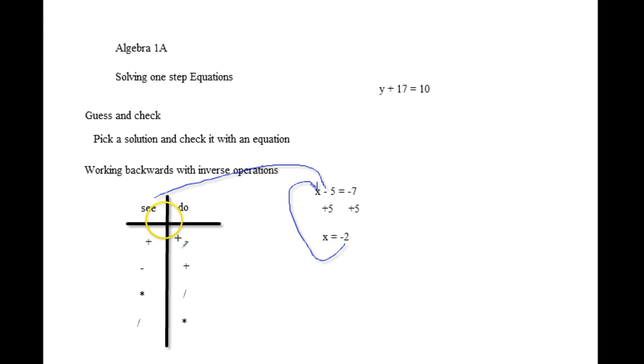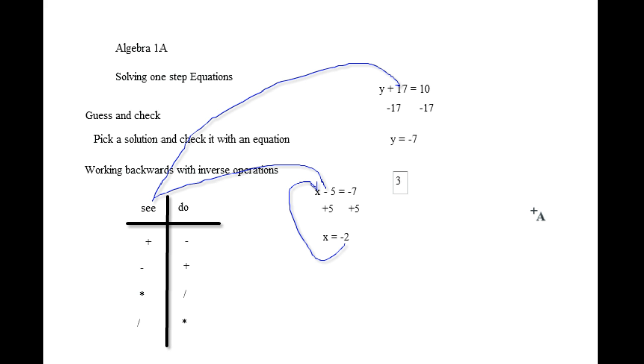But basically, what do I see? I see addition, adding 17. So I'm going to subtract 17, and more importantly, I'm going to do it to both sides. So y equals negative 7. Check it with your calculators, I'm pretty sure it works.